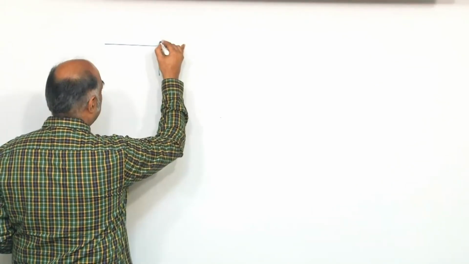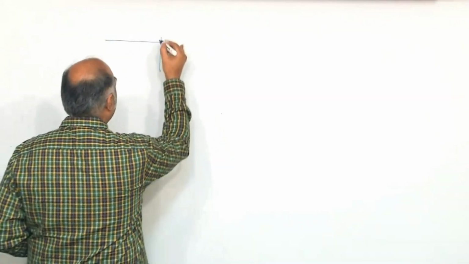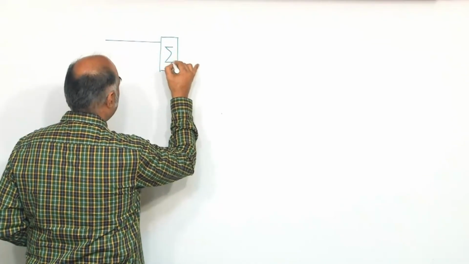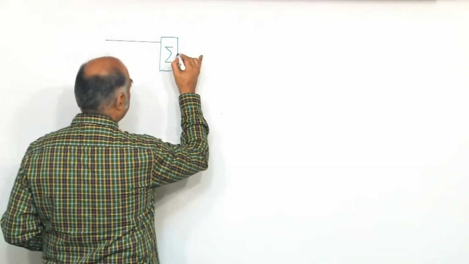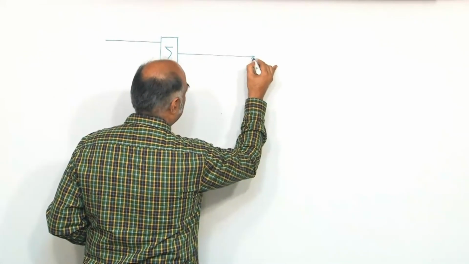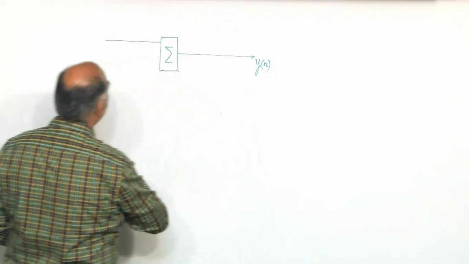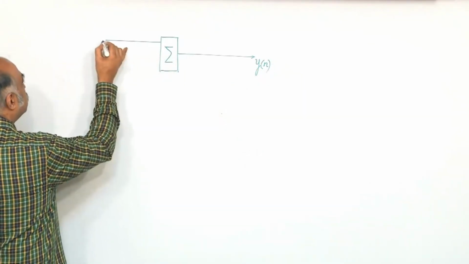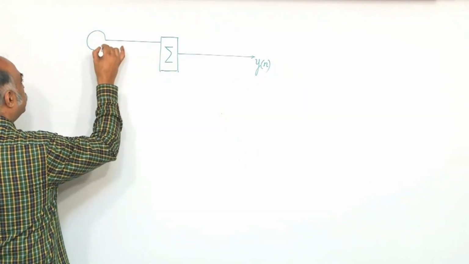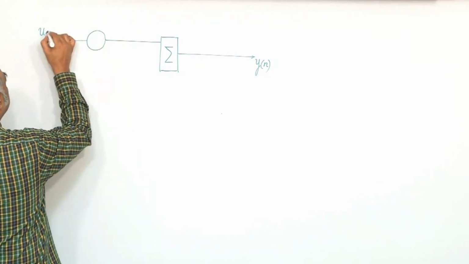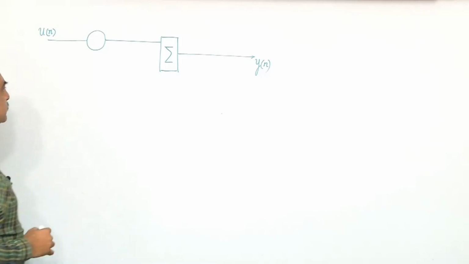Okay, I will have this. I will write the summation as a square block. Then I am going to say this is y of n. I will just have u of n.